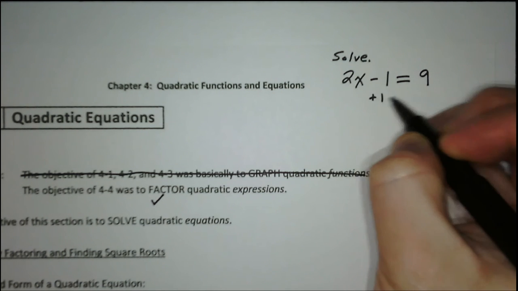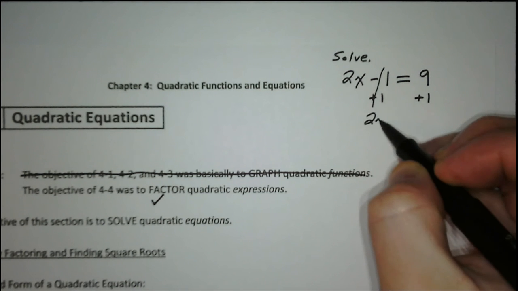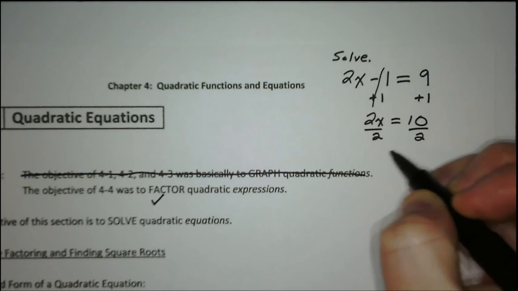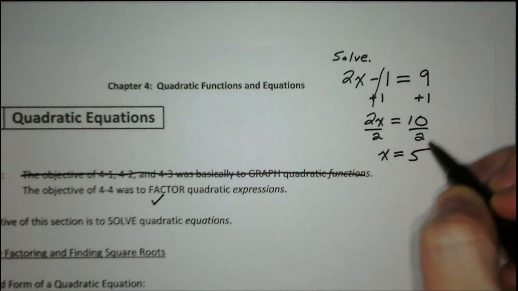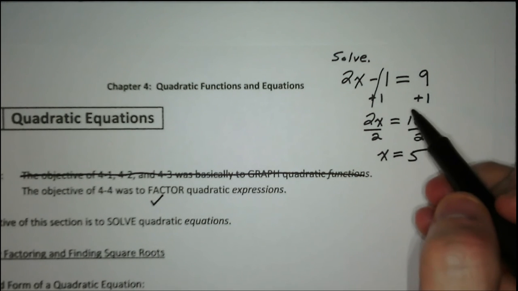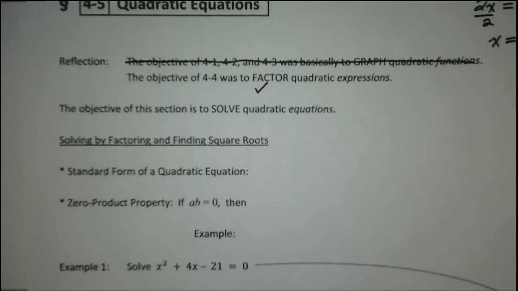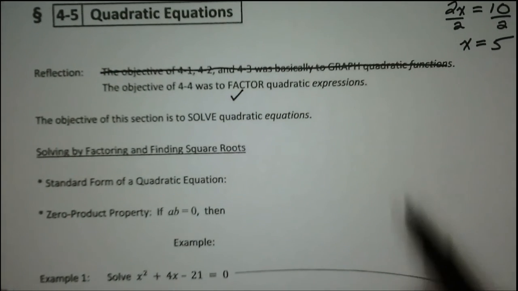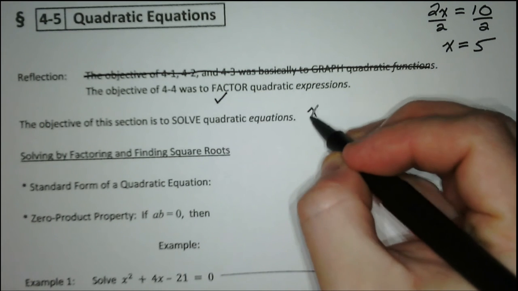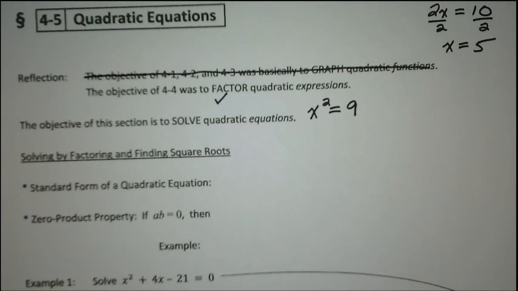The actual act of doing it is getting the x all by itself. And you end up with that. But this is what you might call a linear type equation. A quadratic equation is where you have a power of 2 on your x.